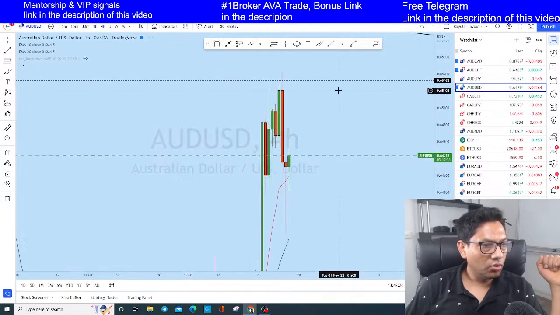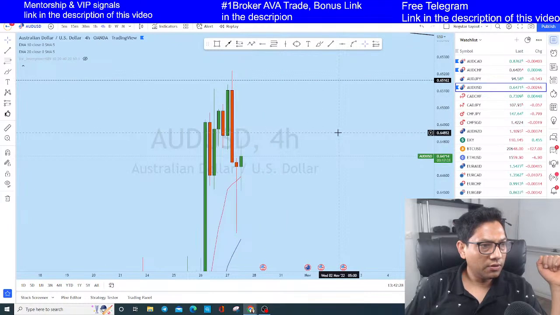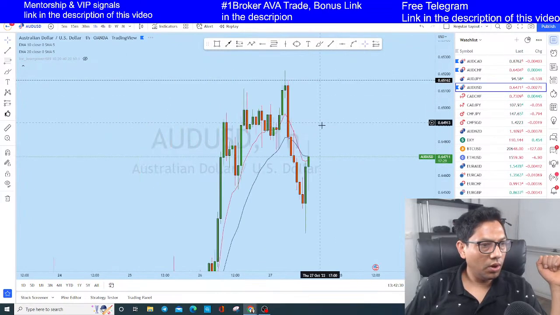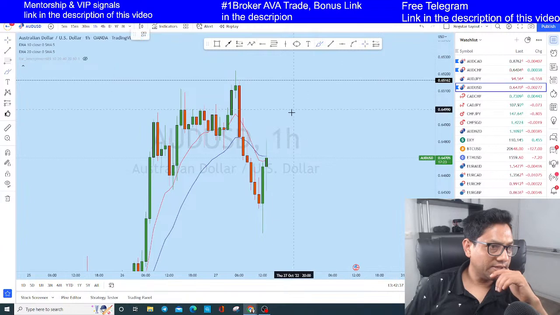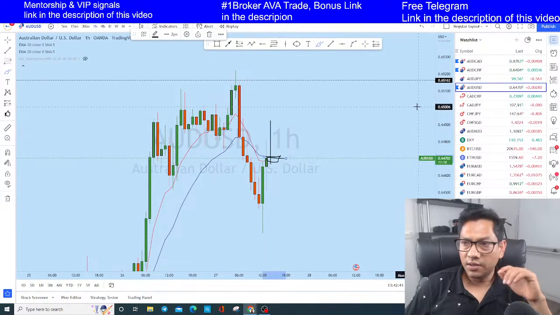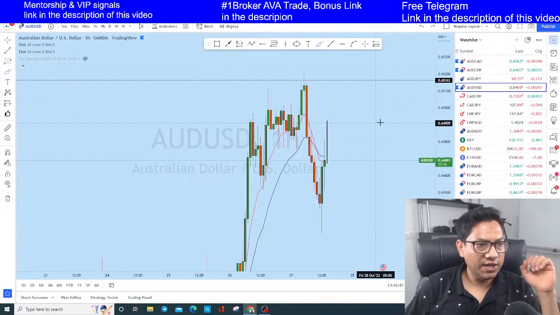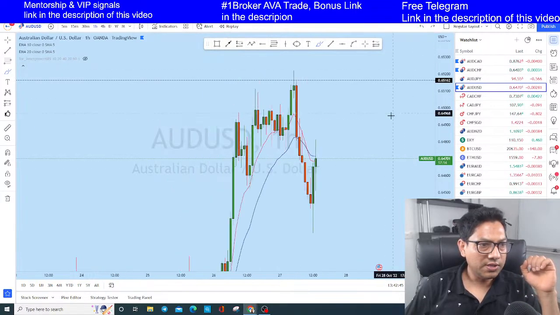Okay, so on the 4 hour, 1 hour, it will be really good if we can see a pin bar here. That will be really awesome. When you see that, we can find a potential selling opportunity.